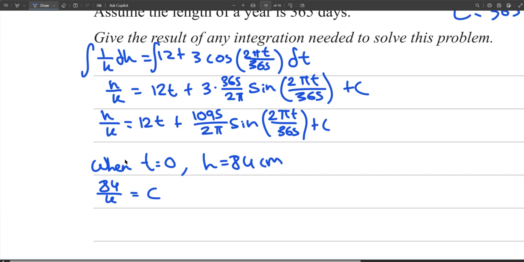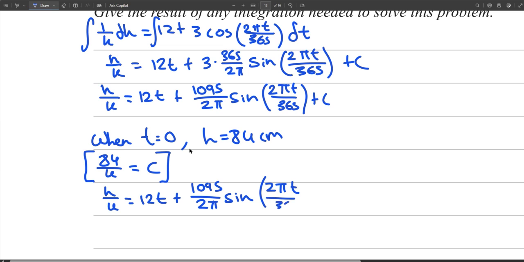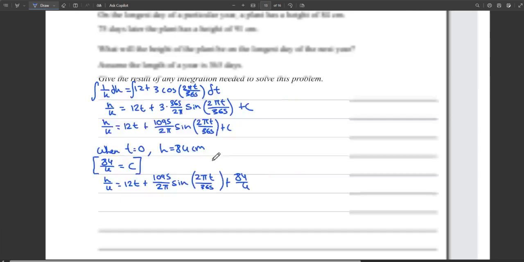Okay, alright, so we've got this condition here. So I think we could rewrite the equation, right? So now we can write h on k is equal to 12t plus 1095 on 2 pi sine of 2 pi t on 365 plus 84 on k, substituting for c equals 84 on k.